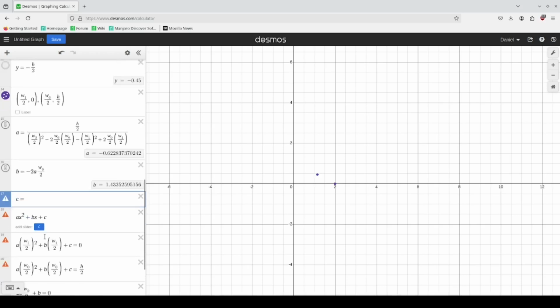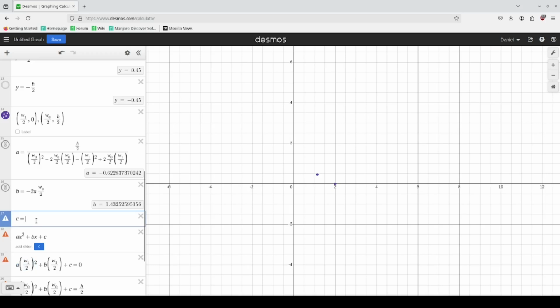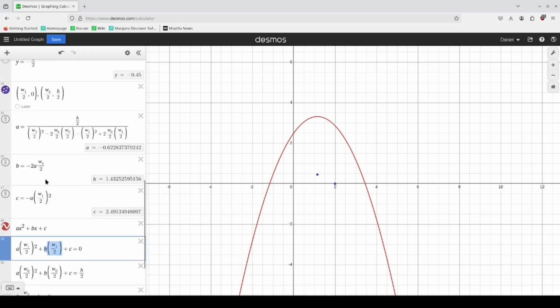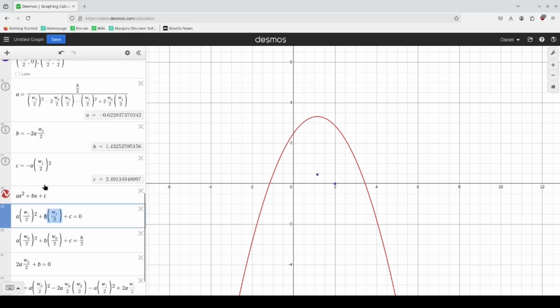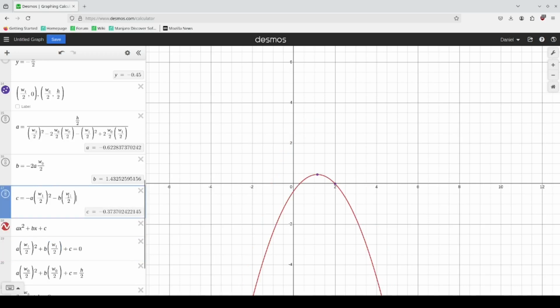So c is minus this number because we want to subtract this to the side, minus this value.